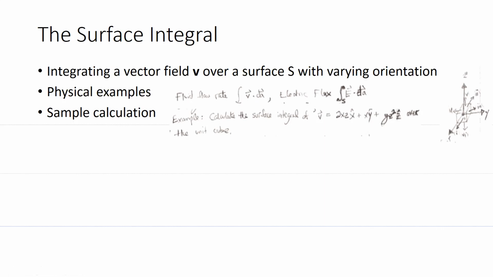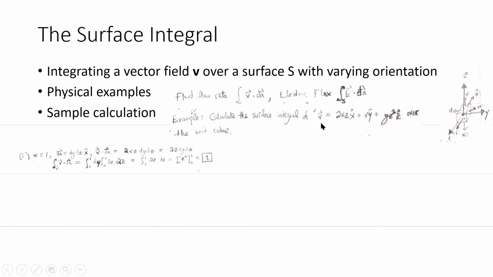So we're going to have to do this integral for each of these faces. I'll do it for all of them, and if you get the idea of how it works, you can skip forward in the video.